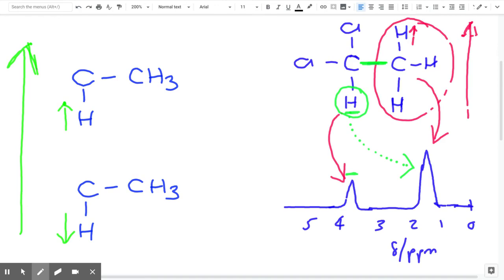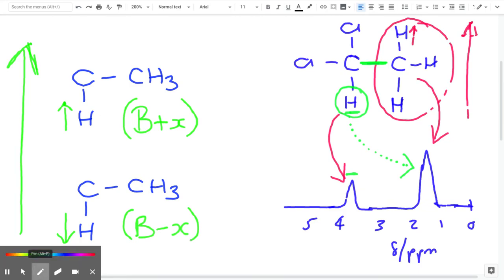Now, if we then scan a magnetic field and we try to pick up the low resolution peak of what we saw before, if you remember, we were looking at situations where we had B plus X would be the magnetic field, and then the machine, knowing what the size of the magnetic field was, could work out what X was. Then it's possible that the machine is now going to be measuring two different, slightly different magnetic fields when it looks at the peak of CH3.